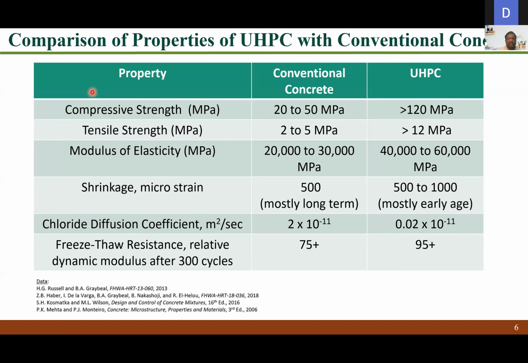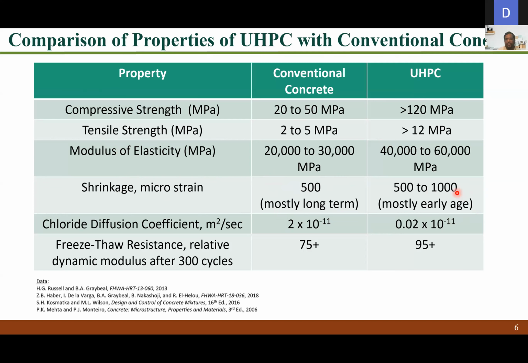If you look at shrinkage in conventional concrete, most of the shrinkage comes from long-term shrinkage, not from short-term shrinkage at the early age. And here you're talking about 500 microstrains. In UHPC, because we are using a lot of cementitious material and no coarse aggregate, your shrinkage strain is going to be larger.